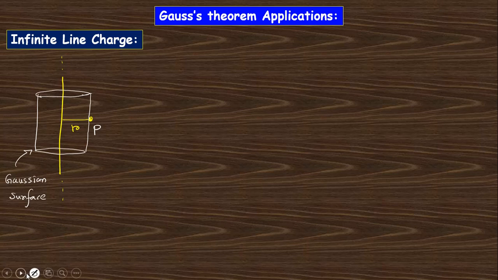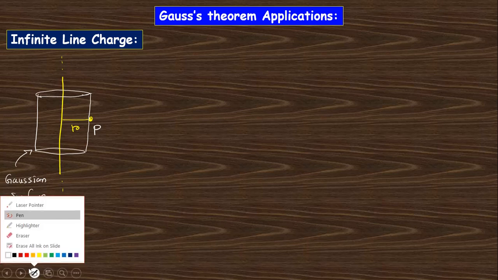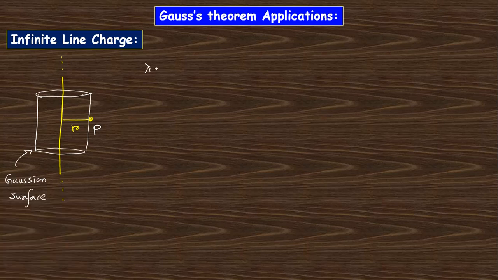Clear? Now take lambda as the line charge density, for the charged rod.